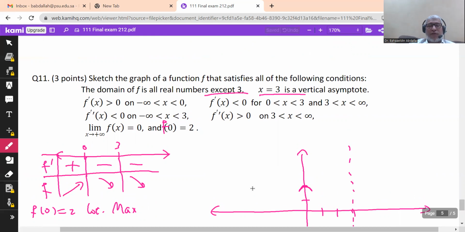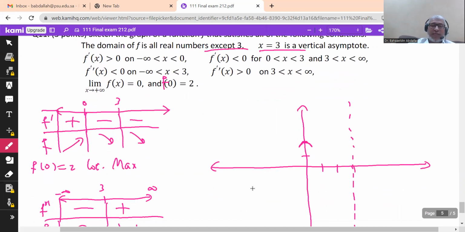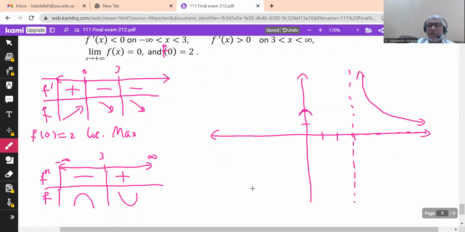The limit of f of x when x approaches infinity is 0. So this line is a horizontal asymptote. So this is a vertical, this is a horizontal. So the graph would be like this, and the function would be decreasing to the right of 3 and concave up after 3. So this graph is perfect.